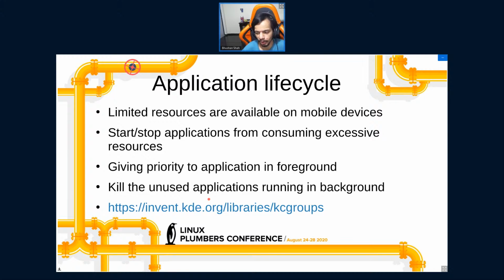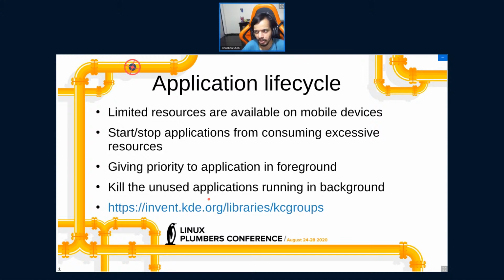So what we are doing is putting our shell and our various system services and applications in specific cgroups, which we can then control. We can always provide slightly better priority to the shell because you want this interaction to be as smooth as possible, and then provide priority to the application running in the front.